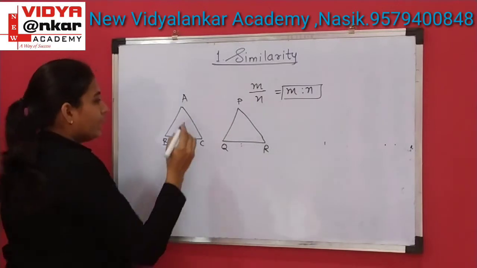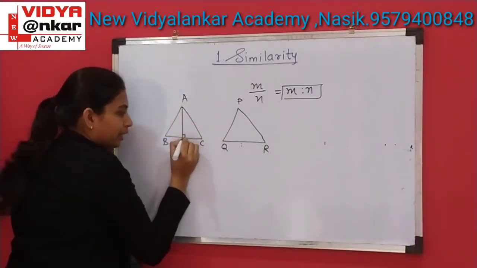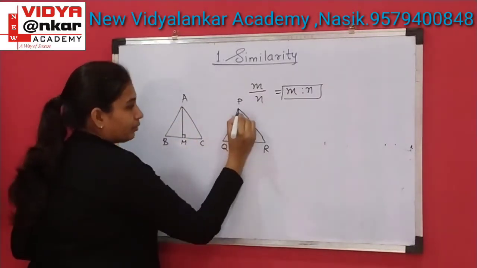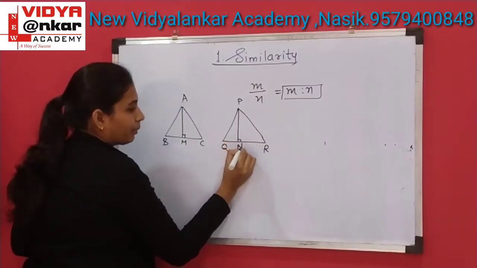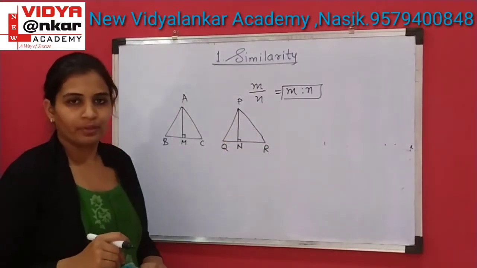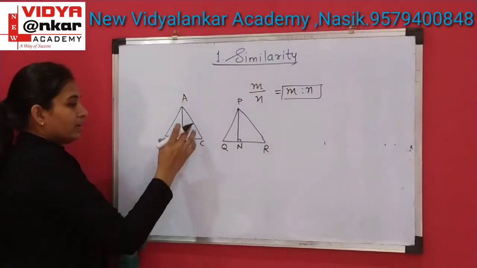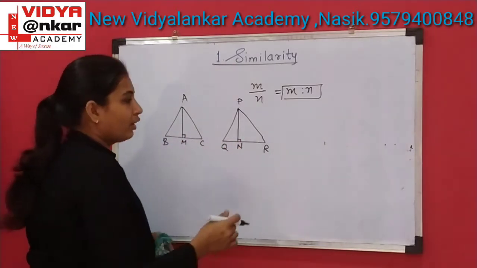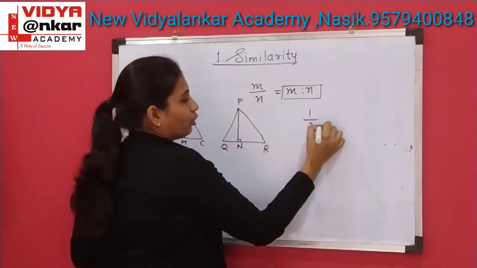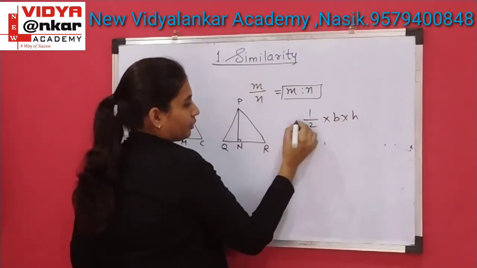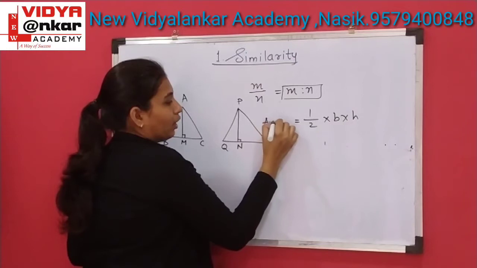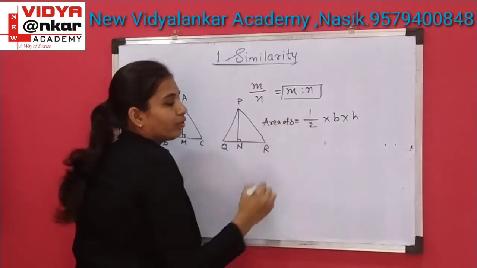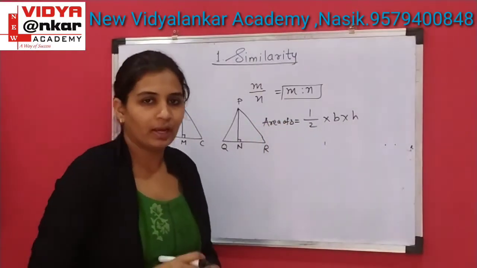If AM is perpendicular to side BC and PN is perpendicular to side QR, and we have to find the areas of both triangles, we can find them by 1/2 into base into height.